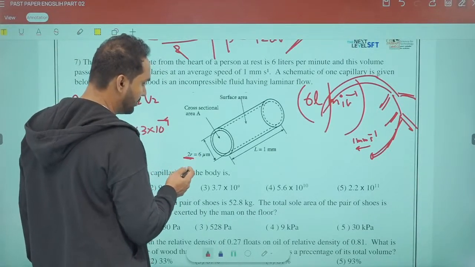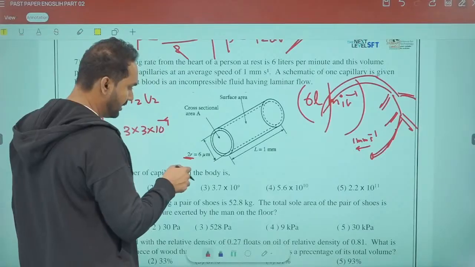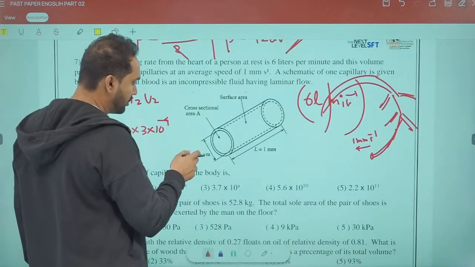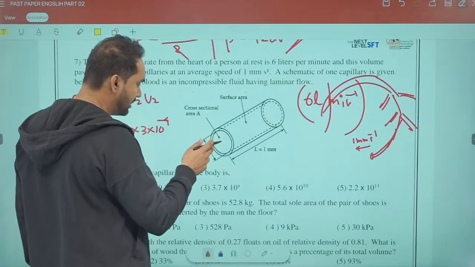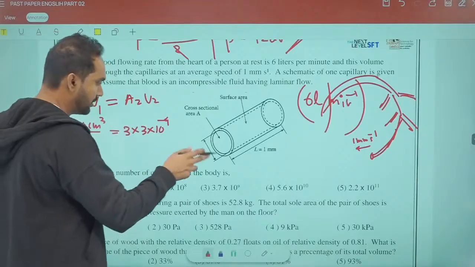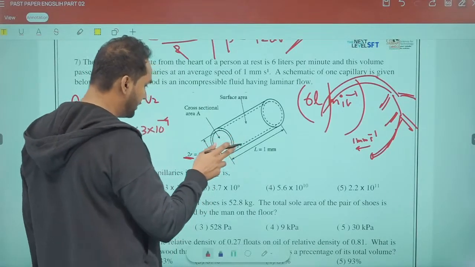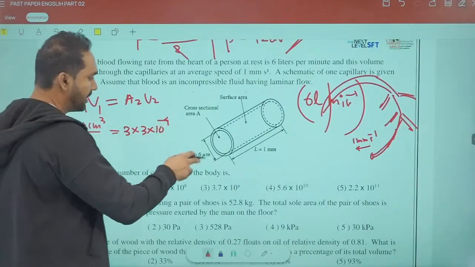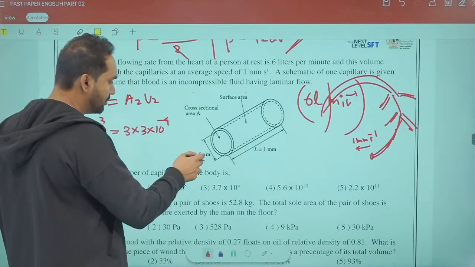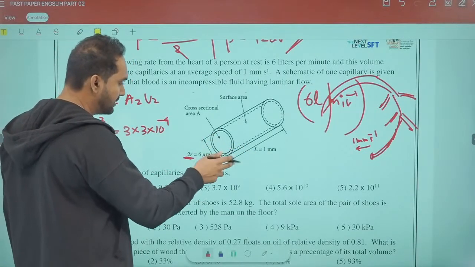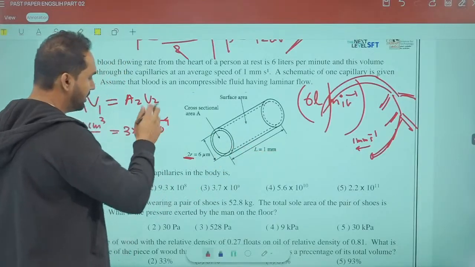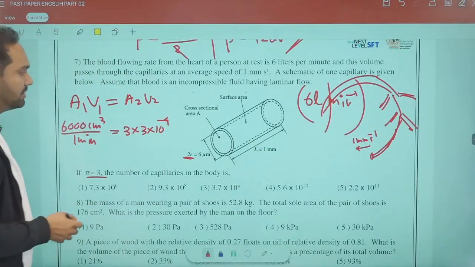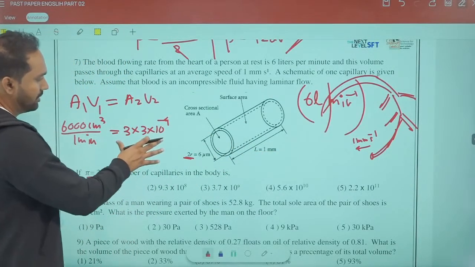The diameter 2r is 6 micrometers, so the radius should be 3. So 3 into 10 to the power minus 6 meters, which we convert into centimeters by multiplying by 100.